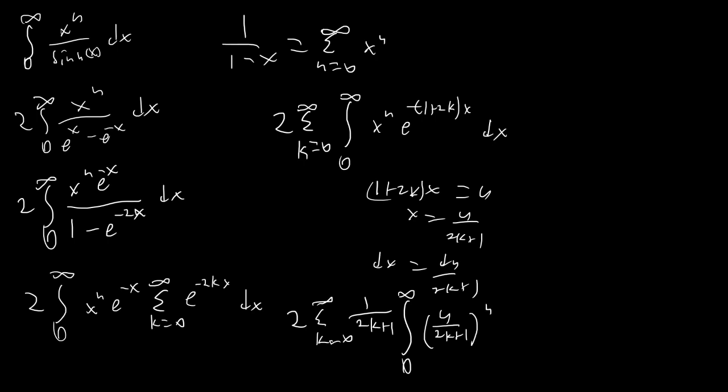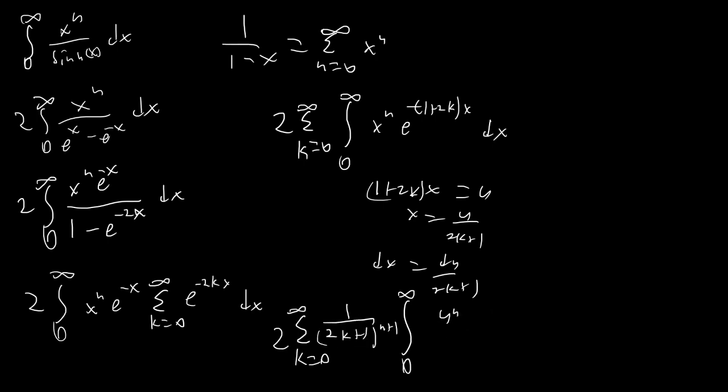I'll bring the 2k plus 1 to the outside, and this other part just ends up being e to the negative u du. So this is gamma of n plus 1. We'll write it as n factorial, because that's also what it's equal to, but just know that it can be extended to non-integer numbers using the definition of the gamma function.